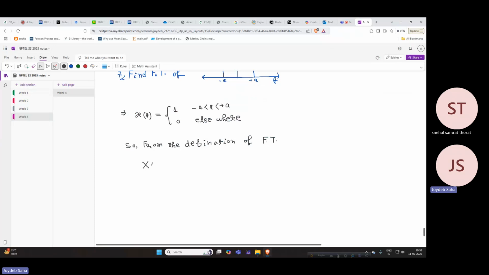X omega, if I remove those acronyms at the top, automatically the spacing is fixed. It is the integral from minus infinity to plus infinity of xt e to the power minus j omega t dt.